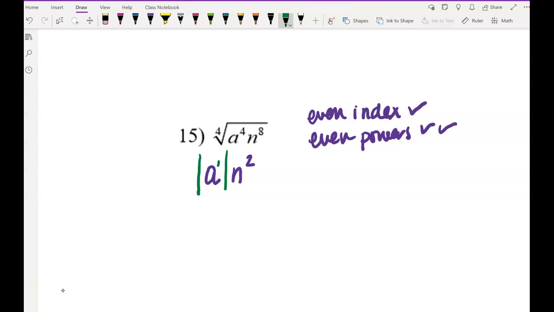My apology, not odd index, odd power. But n has, in the final answer, an even power, so we do not need an absolute value around the n, but just around the a. And you don't have to write this power of 1 right there, so you can just write absolute value of a like that. So absolute value of a times n squared, and box that up.